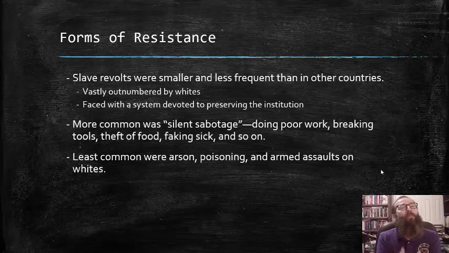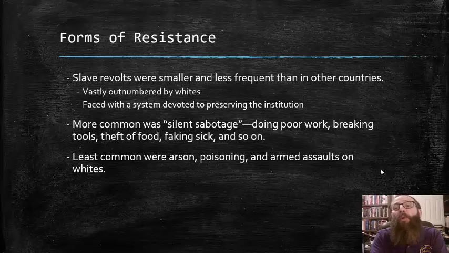So, as a result, much more common than revolt or rebellion was what has been termed silent sabotage. The day-to-day sabotage of the plantation and the agricultural process through which slaves carved out small spaces of autonomy within the larger structure of oppression.